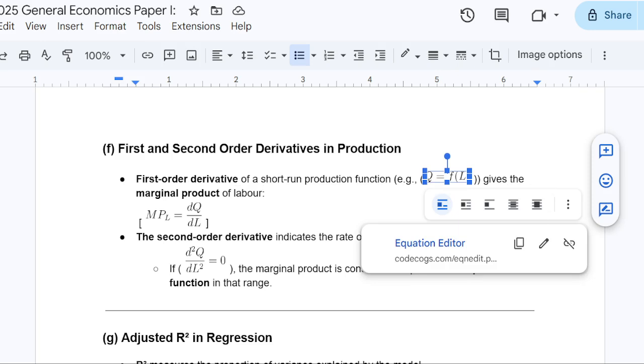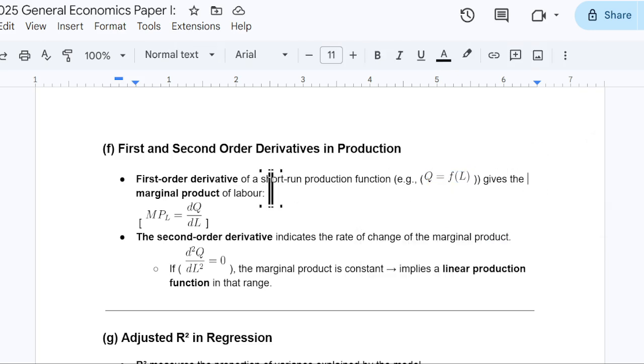If you take the first order derivative of this production function with respect to labor, that will give us the marginal product of labor. If it is positive, it is increasing; if it is negative, then it is declining.